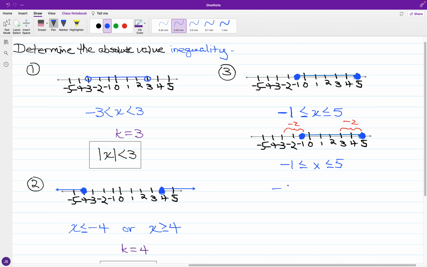And just looking at the activity, if I were to deduct 2 from all portions, so we have -1 shifting over to the left 2 units, we have -3 is less than or equal to x minus 2, which in turn is less than or equal to 3.